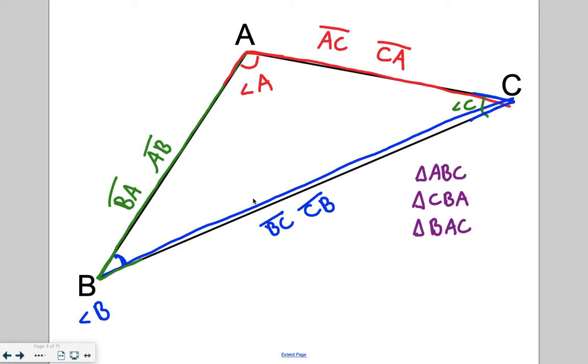So if I take those 3 angles, so angle B, I'm just going to rotate this a little bit, didn't change the size of it, just twisted it, and then angle C, do the same thing, not changing the size of it, just twisting it a little bit, and then angle A. So I took my 3 angle measurements, didn't change the sizes of them, just changed the way they were oriented.